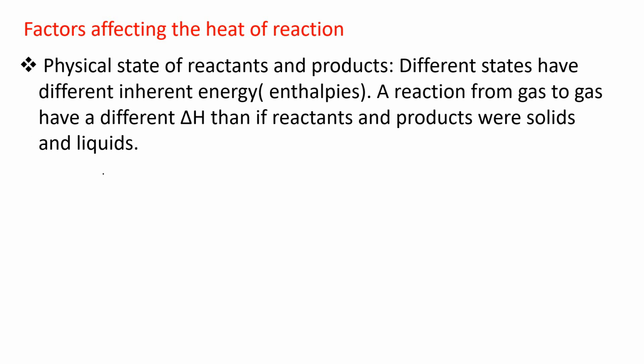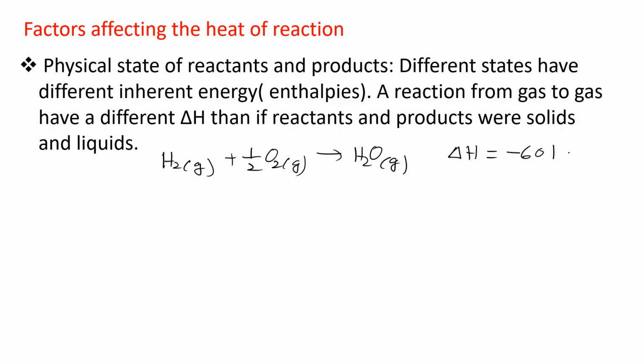Now let's take one example. See, hydrogen gas plus half oxygen gas, when it gives the product water, gas, 1 mole of water, then your delta H is minus 60 kilocalorie.